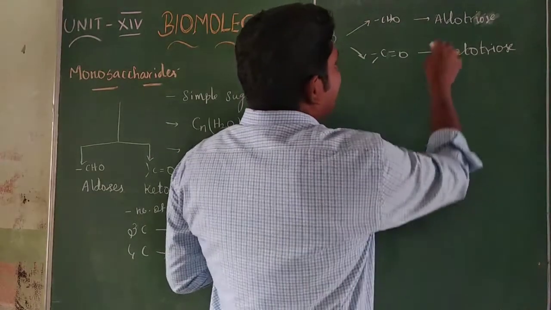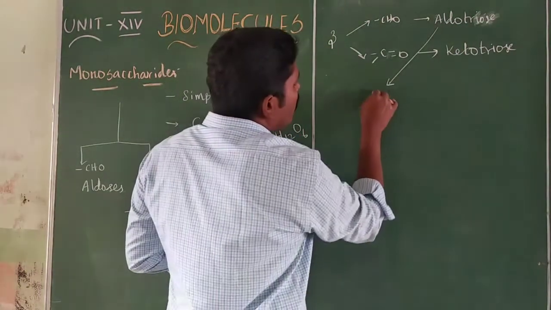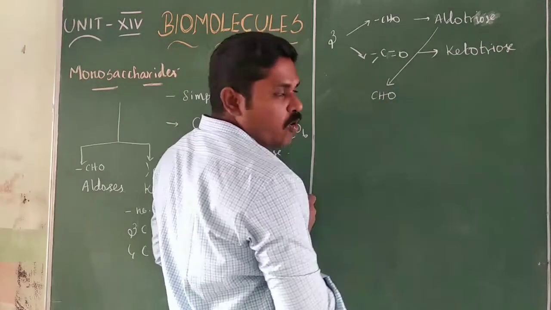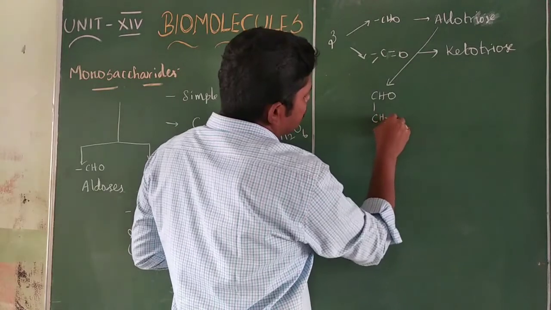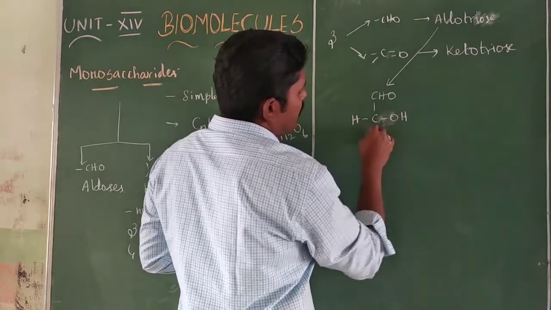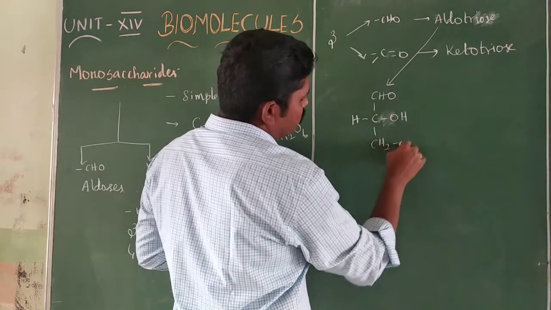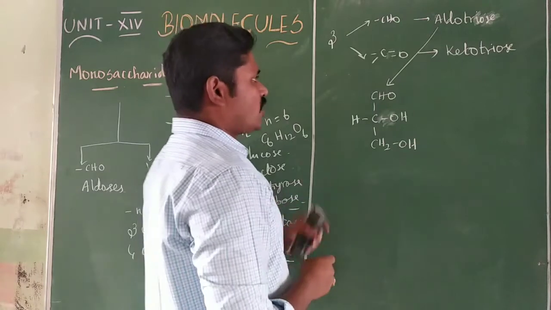The example of aldotriose: CHO, CHOH, CH2OH, which is glyceraldehyde.